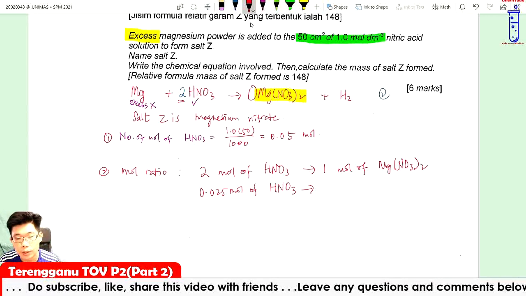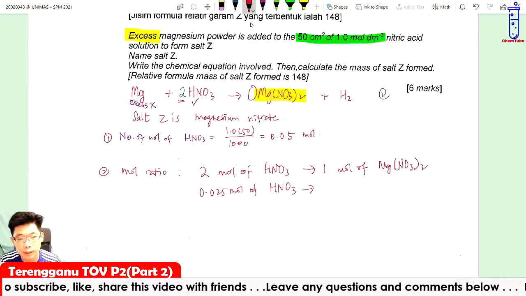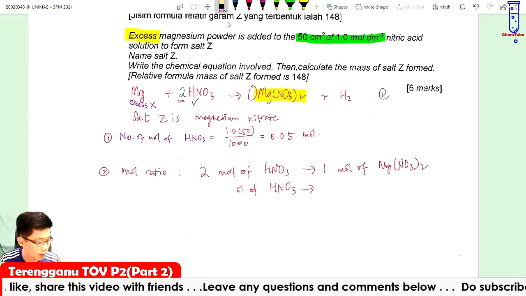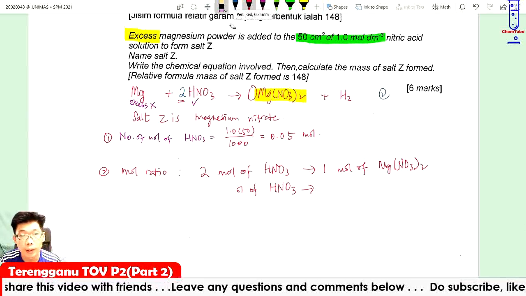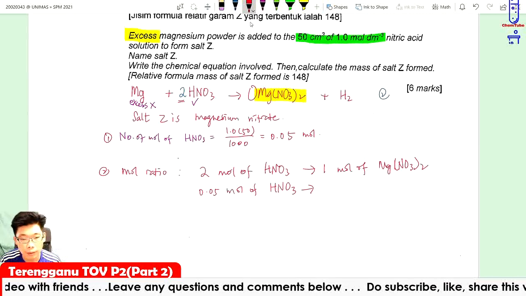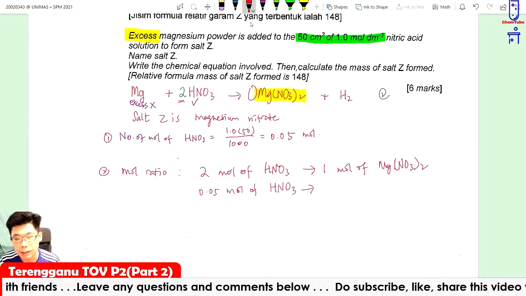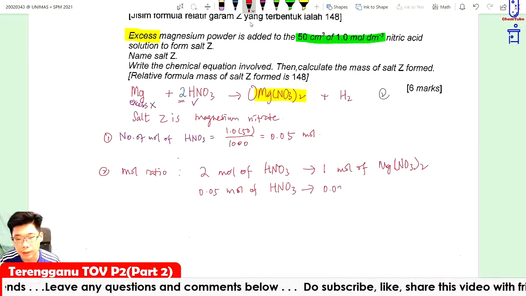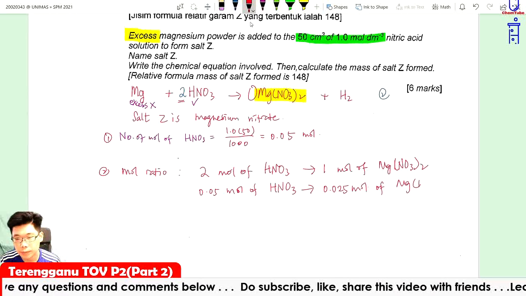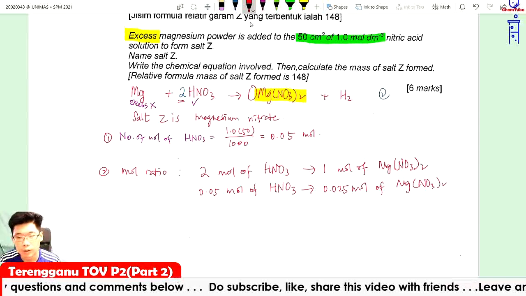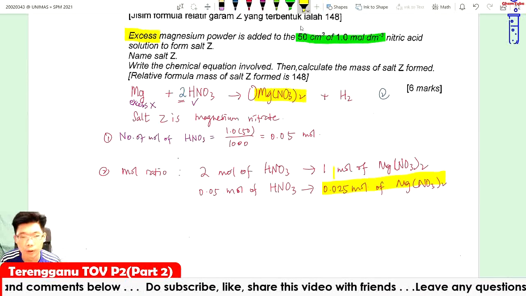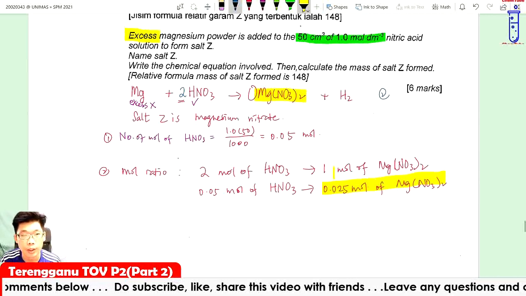Okay, so if here 0.05, so here this one is 0.05 more. Okay, means half, meaning that this one will be half of it, 0.025 mole of magnesium nitrate. Okay, so here you have known already, this is 0.025 mole of the salt produced.